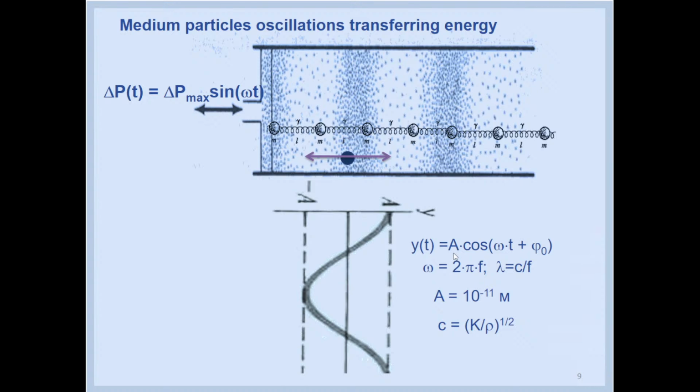The motion equation in this harmonic forced oscillation is of the simplest form. And you can see how small is the amplitude of the air particle oscillations. The amplitude is of the order of their diameters, of the order of 10 to the minus 11 meters only.